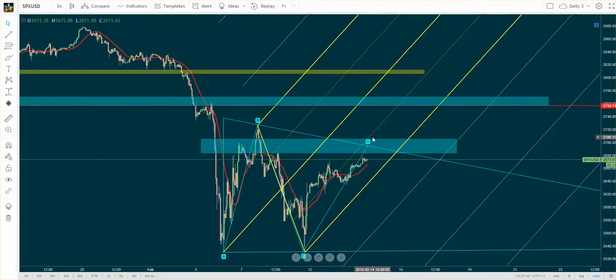Otherwise, if we break it but then I see that we go lower, I will sell with a stop loss above this high, targeting the way down, maybe the 2400, 2300 zone.